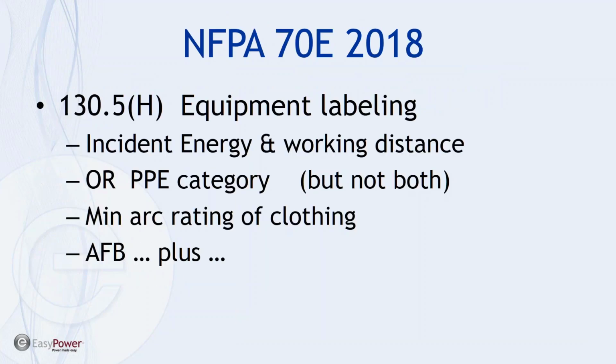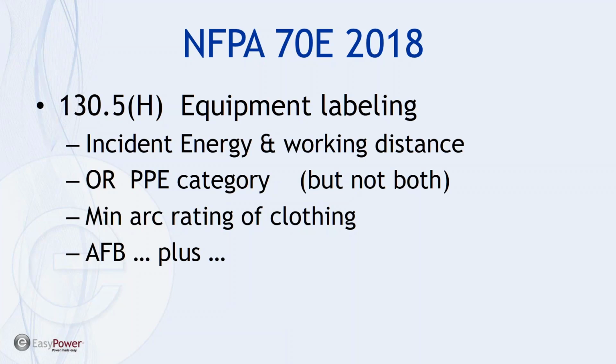Now in NFPA 70E, under Article 130.5(H) specifically, there's a paragraph or two on what the equipment labeling is required for arc flash hazards. The label should include incident energy and working distance, or PPE category, but not both.